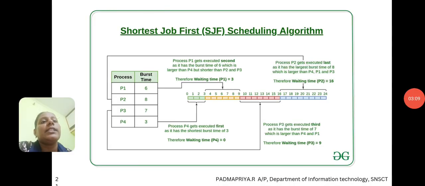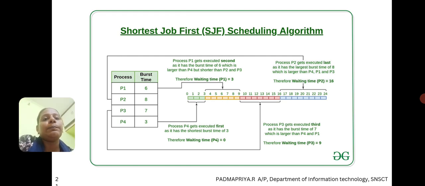And next is the shortest job first scheduling algorithm. In this algorithm, the process and burst time are presented in a table, and we have also already seen the Gantt chart, which has the process details and number of processes. In this example, P1, P2, P3, P4, four processes are there, and each process has some burst time.